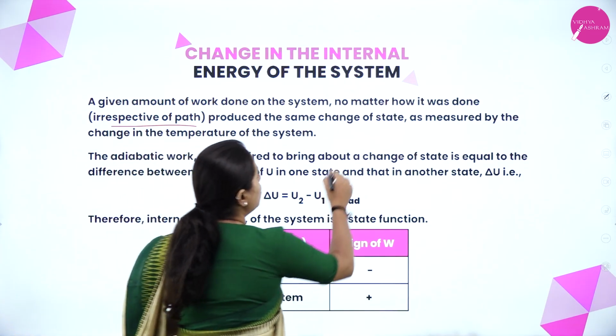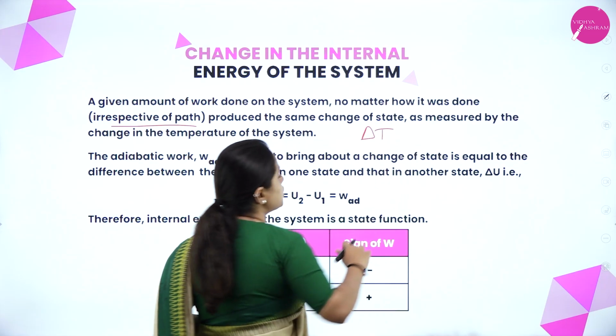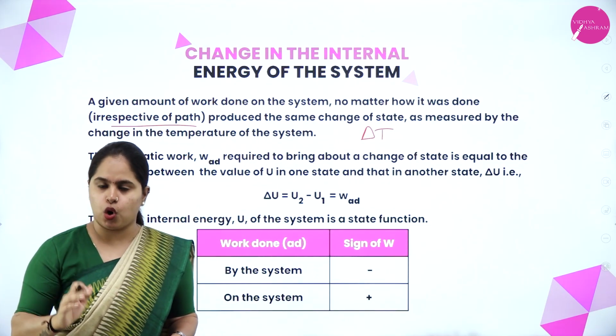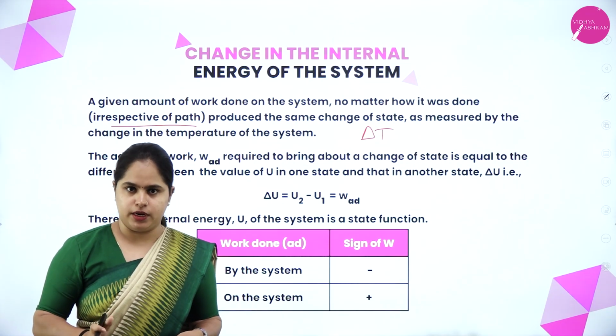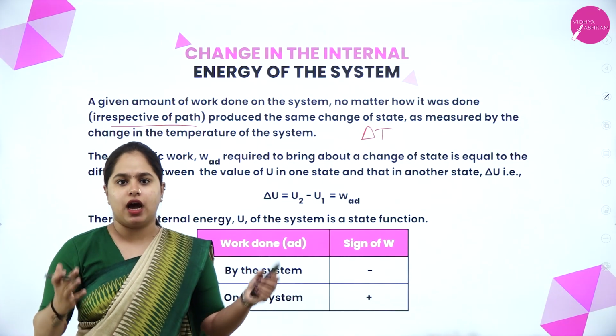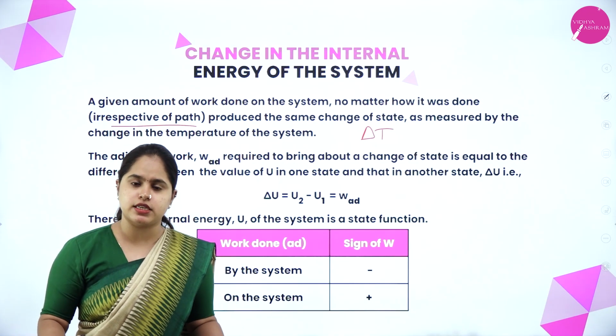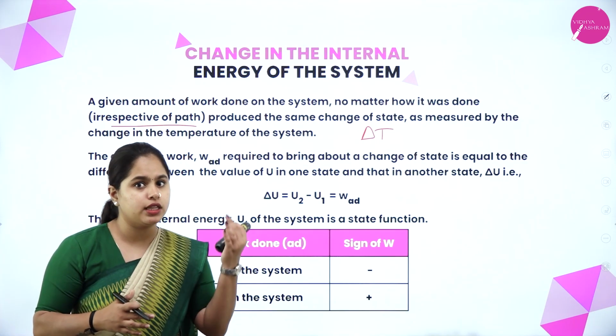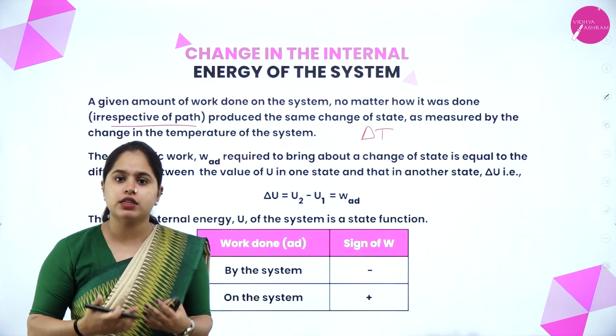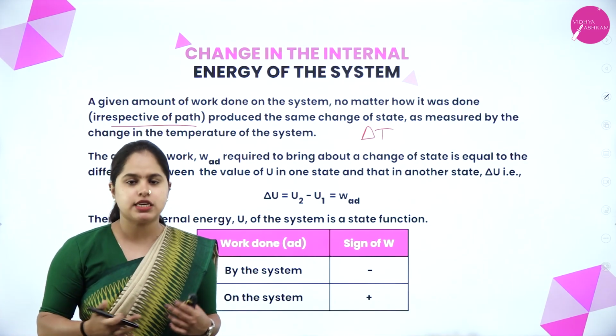Based on how delta T changes, the internal energy also changes, irrespective of what kind of work I have done. So it does not depend on the path followed, only on the initial and final state. Hence internal energy is a state function.